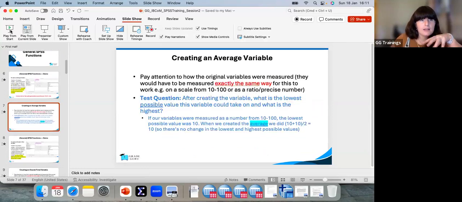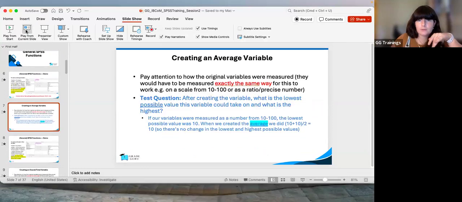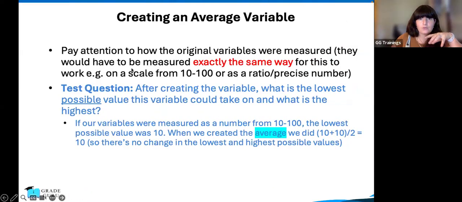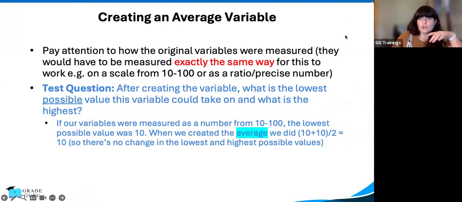So with creating an average variable, what did I want to tell you? Whenever you're doing this, you need to pay attention to how your original variables were measured. That information is always available in the variable label. All your variables that you include in compute variable have to be measured the same way for it to work.